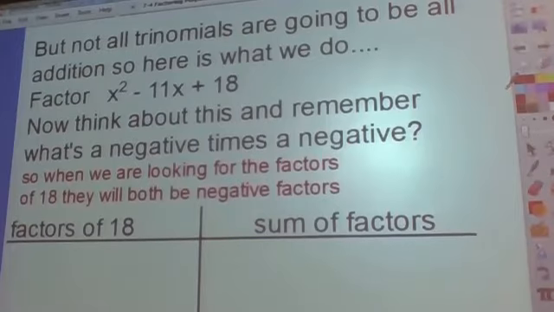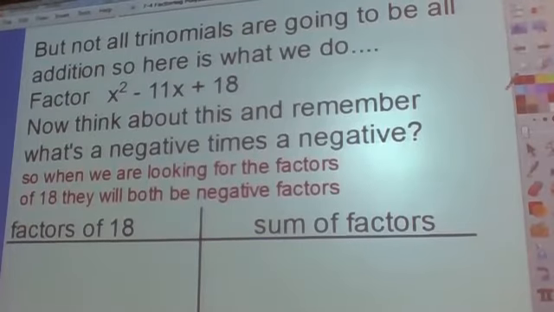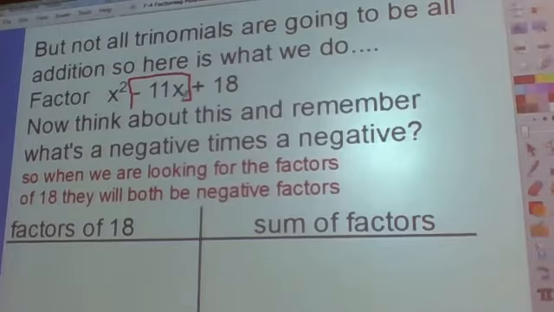So look at this problem right here. And remember this, what's a negative times a negative? Positive. So when we're looking for the factors of 18, they're both going to have to be negative factors, because this middle number right here is negative.